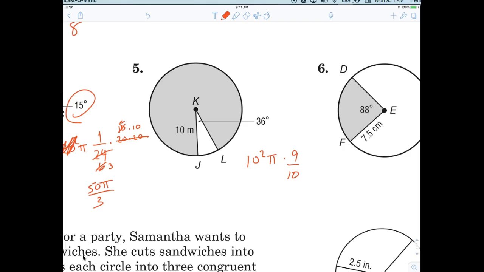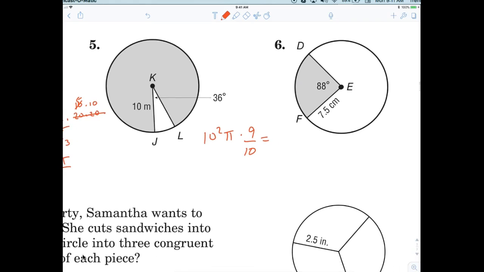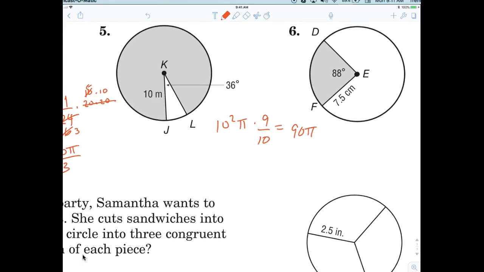Now you're expected to do the math mentally. Of course, we would just divide out a 10, right? We're not going 10 squared and then dividing by 10. That's exactly correct: 90 pi. Yes, 90 pi. Think about it.